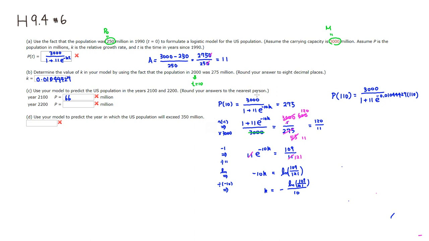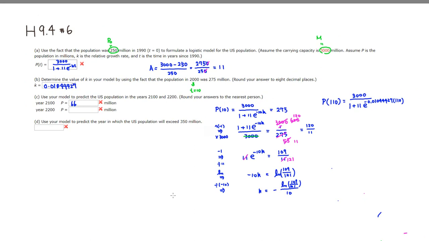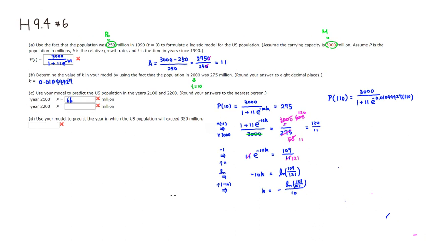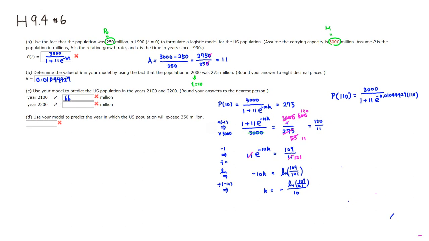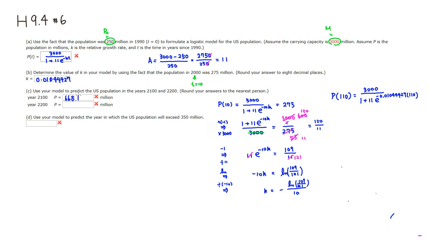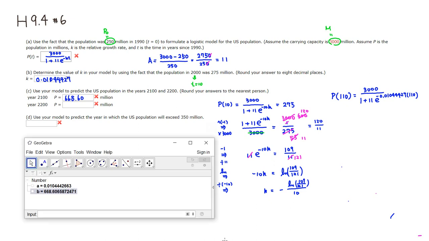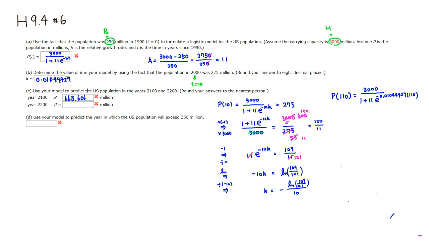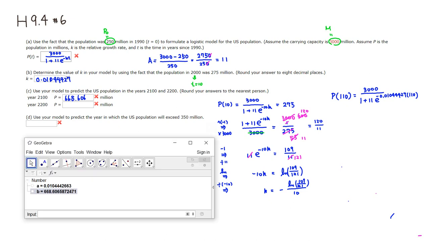It's the nearest person, so it's not the nearest million. So let's recompute that. It'll be in millions, so you need to have 6 more. So it's going to be 668.606, and then I need 3 more, 587.